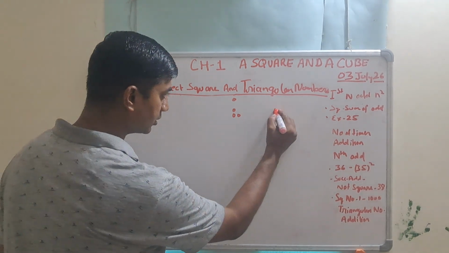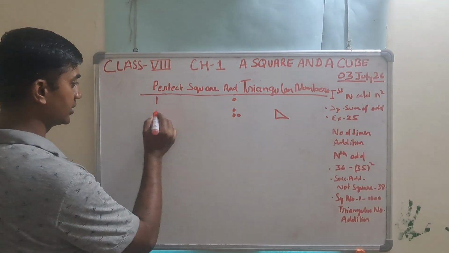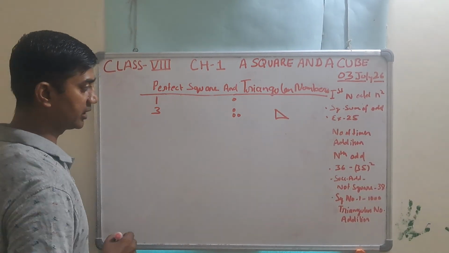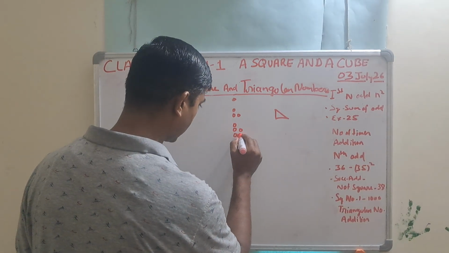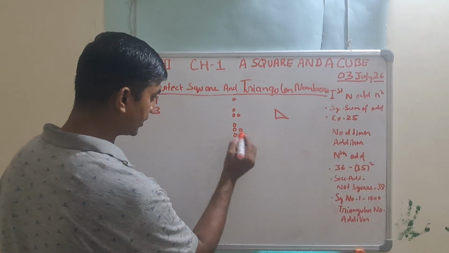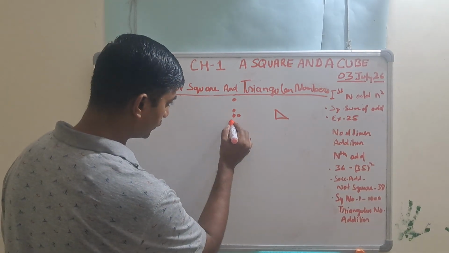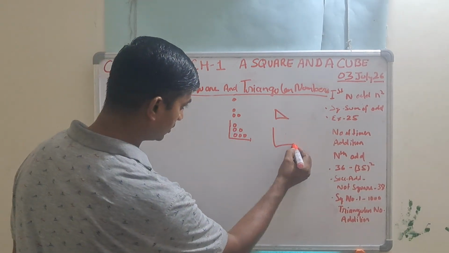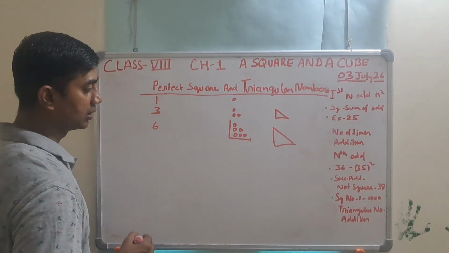It looks like a triangle. Understood? This number is 3. So 3 is another triangular number. Then make another 3 dots. This also looks like a triangle. If you join like this, it looks like another triangle, and this number is 6.